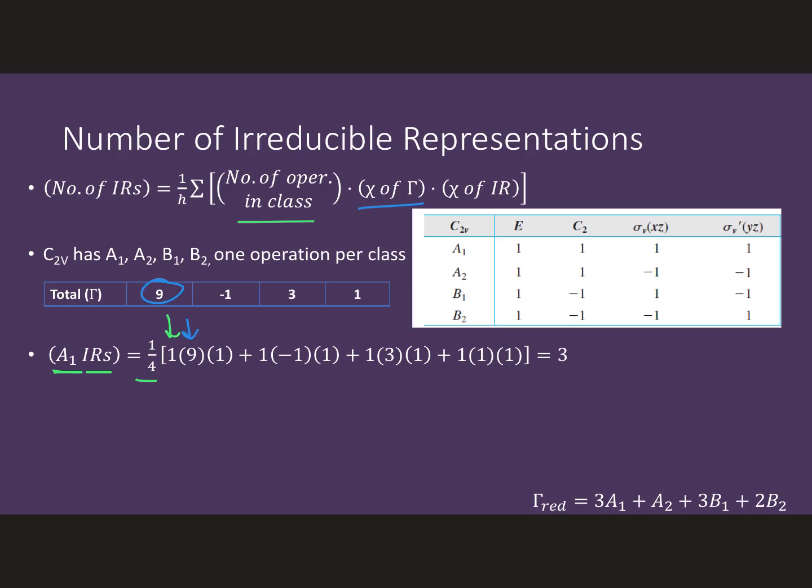Then we are going to multiply that by the character from the irreducible representation, and we're going to start with E, which is 1. So here's E. This one is for C2, sigma V of the XZ, and then sigma V of the YZ. So take a minute, pause it here, and see if you can make sure you understand where all of these numbers come from.